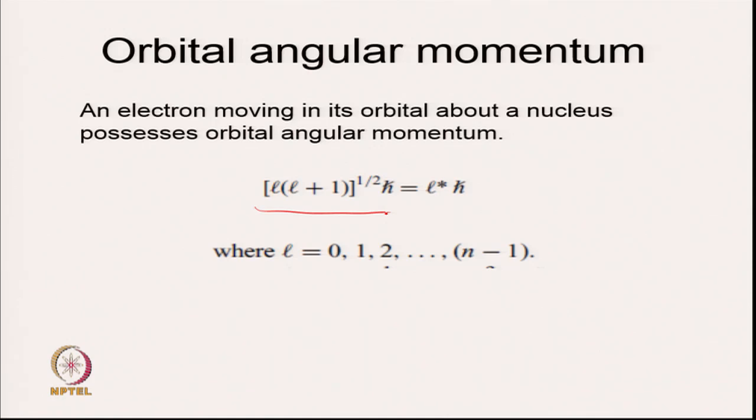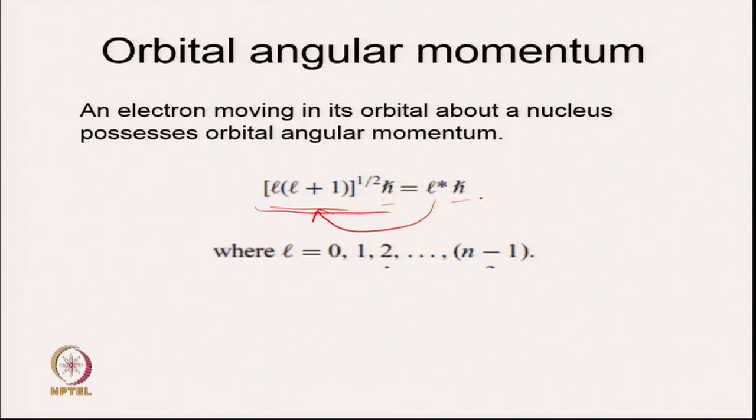Okay. This we have already discussed in the rotational motion chapter, and that is given by L plus 1 half multiplied by h cross, or h cross multiplied by square root of L into L plus 1.